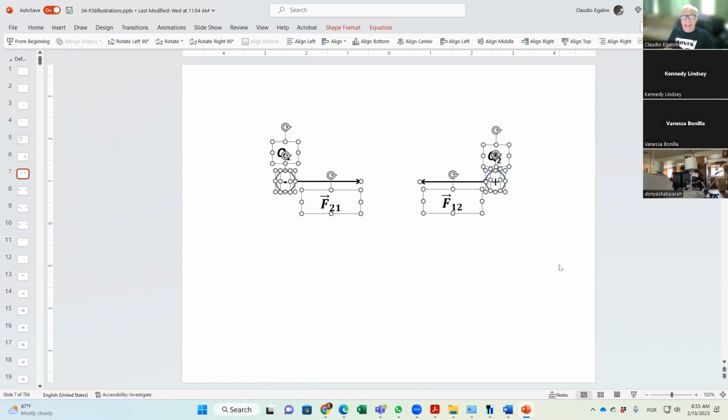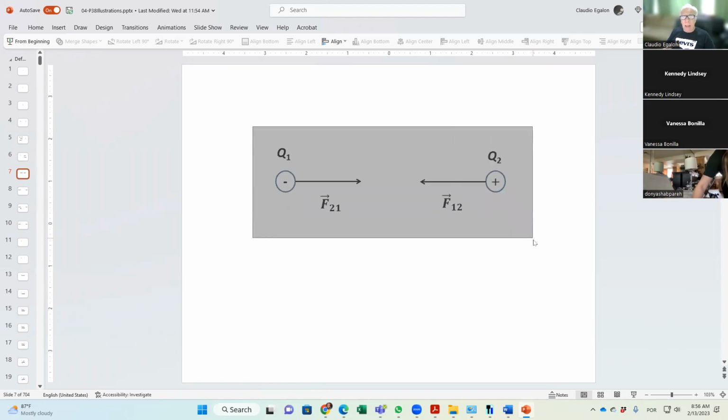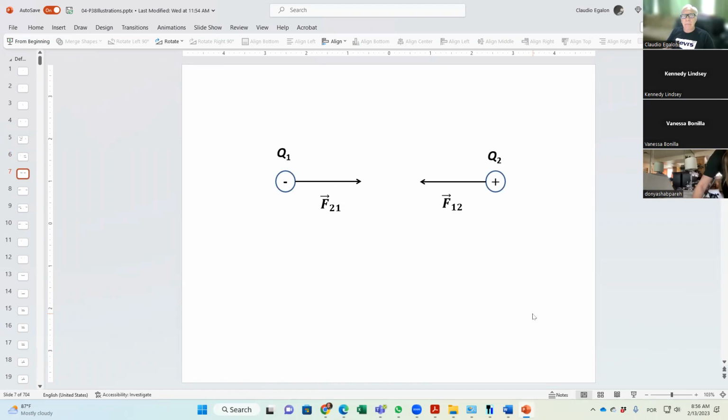Recall what we saw in mechanics. Newton formulated the third law of mechanics: whenever two objects interact with one another, the force between them is equal in magnitude and opposite in direction. That third law of motion also applies to electric charge. It applies to the microscopic world. And it's amazing that something formulated before electricity became a formal science still applies to this new science and even quantum mechanics.